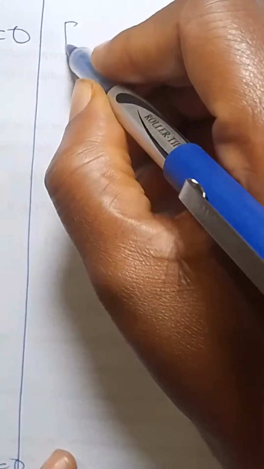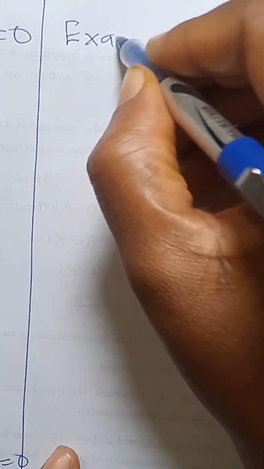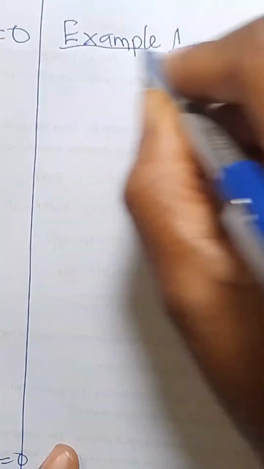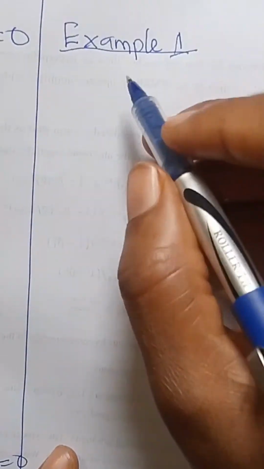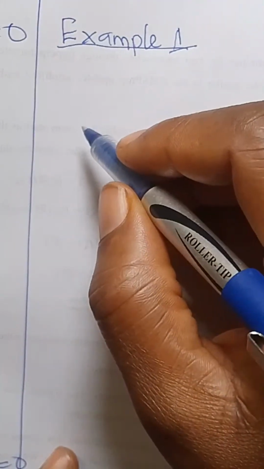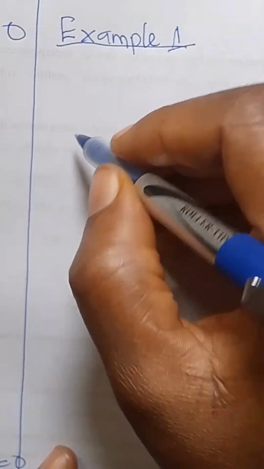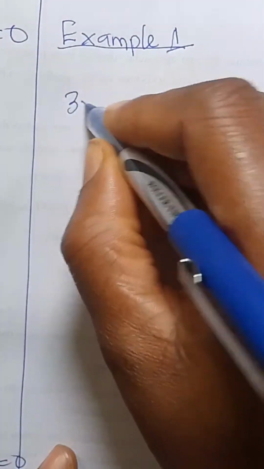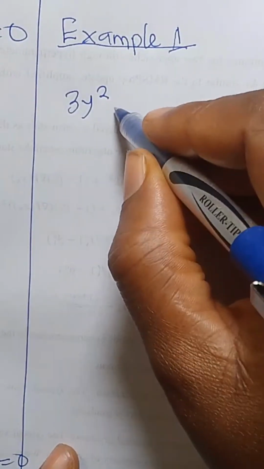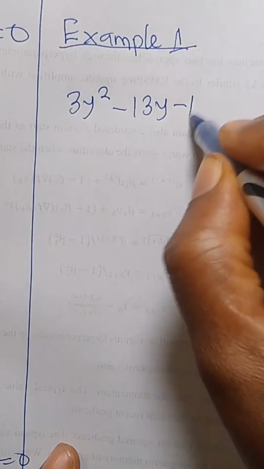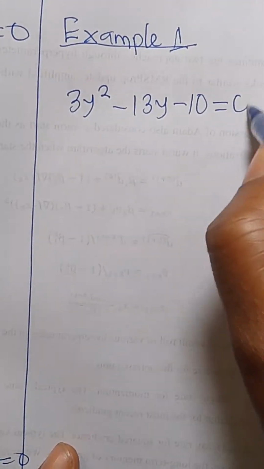So example 1 on quadratic formula. Example 1, solving quadratic equation with quadratic formula. Okay? We have 3y square minus 13y minus 10 equal to 0.